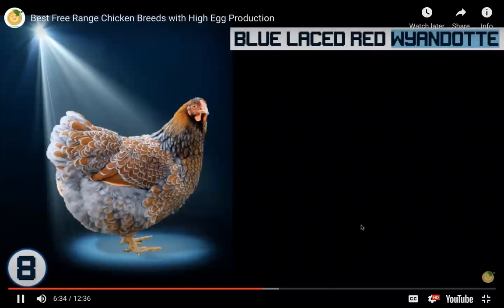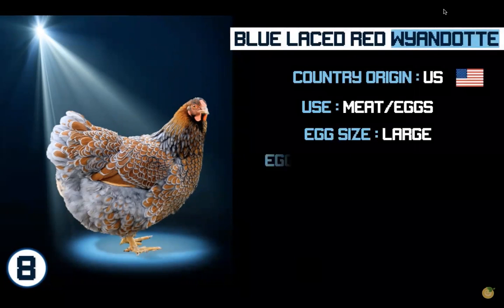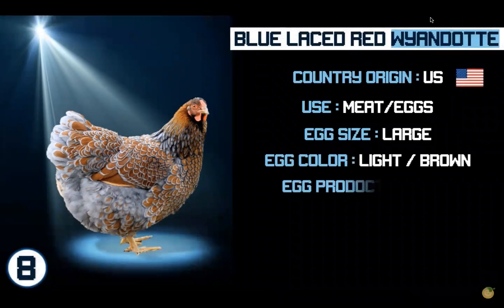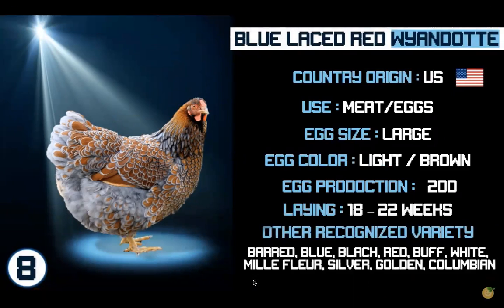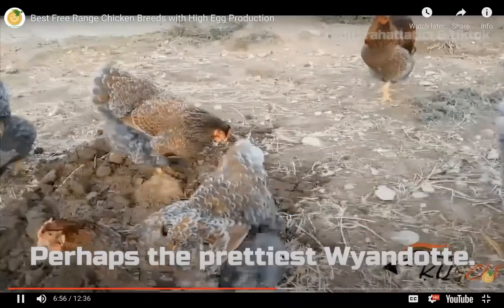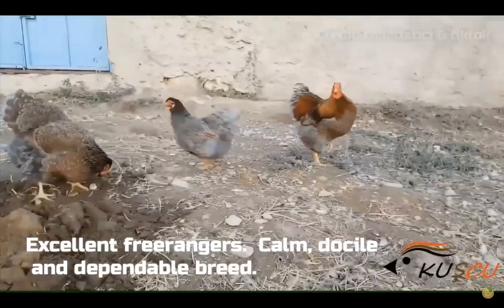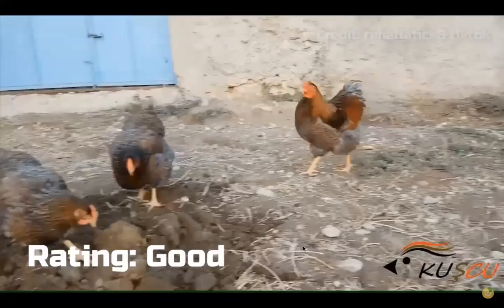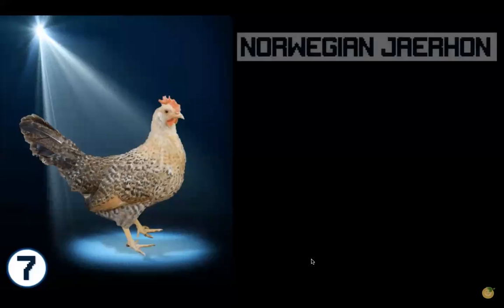Number 8, Blue Laced Red Wyandotte. Number 7, Norwegian Dearhorn.